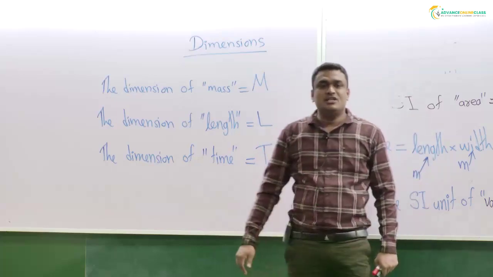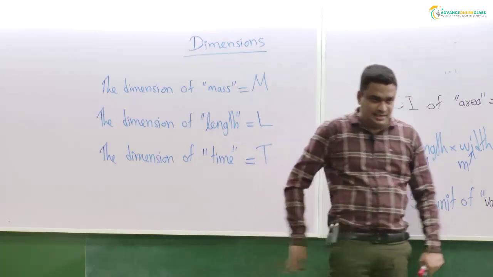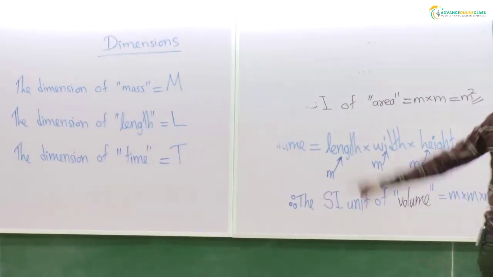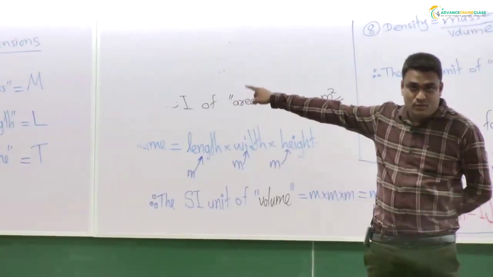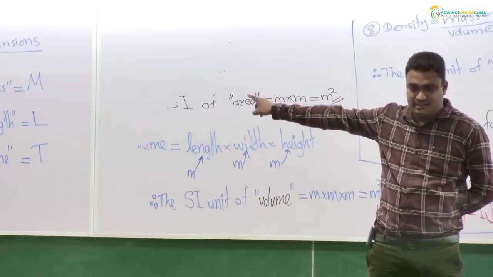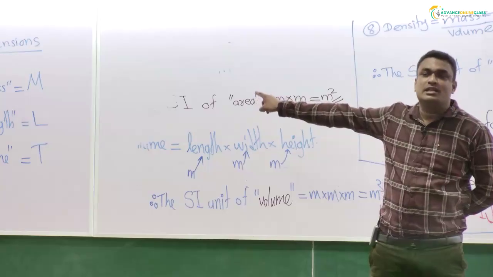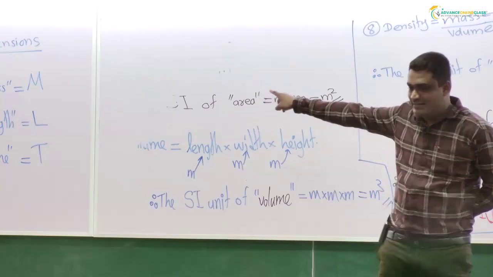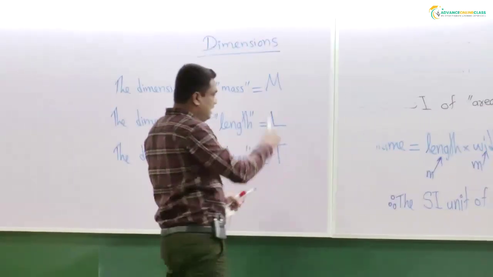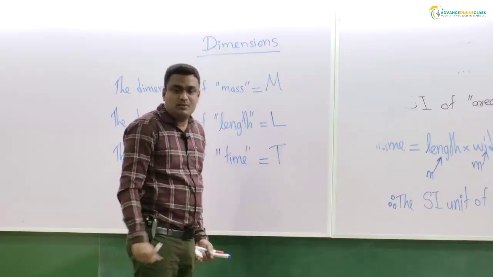English letters are some kind of symbols. M, L, T symbols.